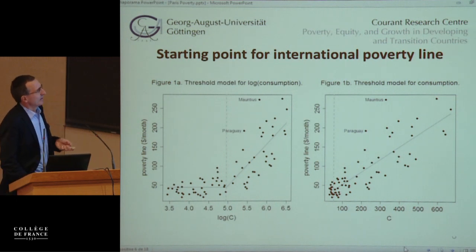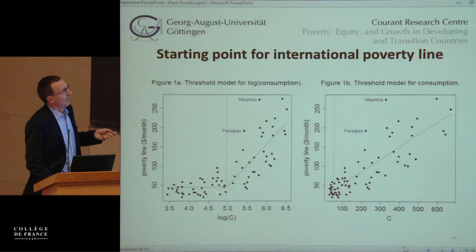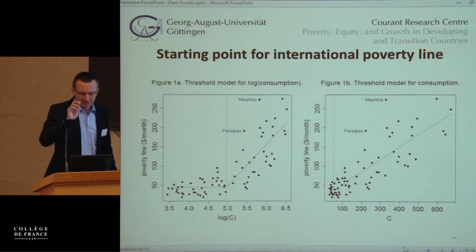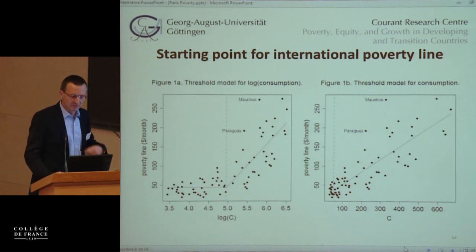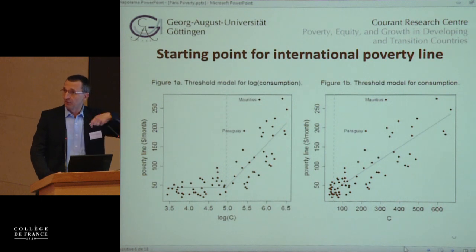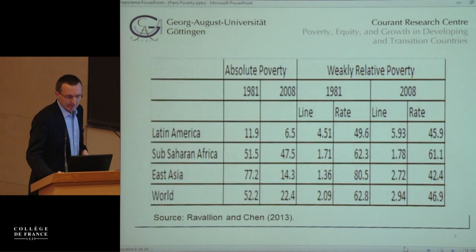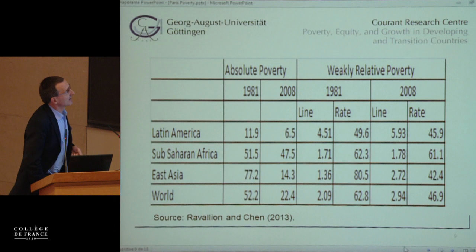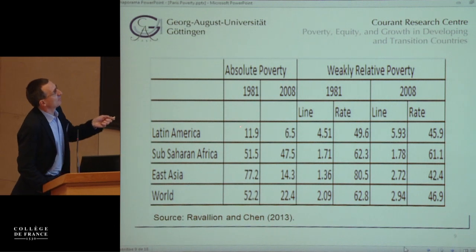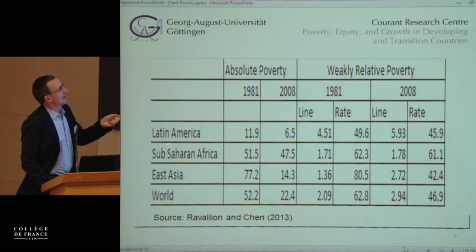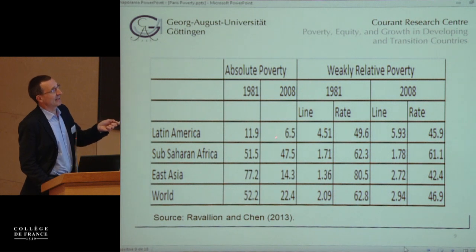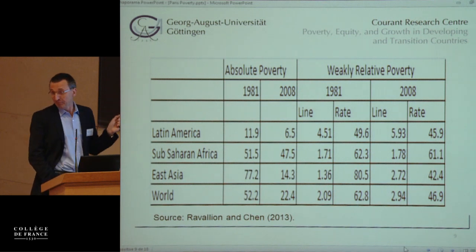And so as a result, you have a poverty line rising with income, but not like in the European Union, for example, rising percent for percent, but less than that. So here you can see the results of that. If you take absolute poverty as $1.25, Latin America went from 12 to 6%, and I'm not even sure whether we can believe those 6%.